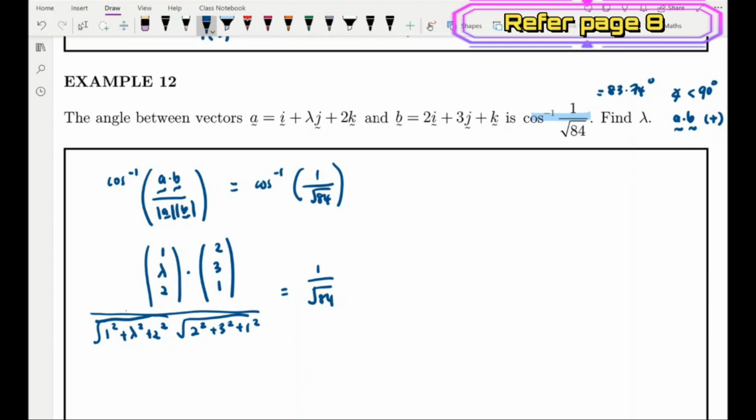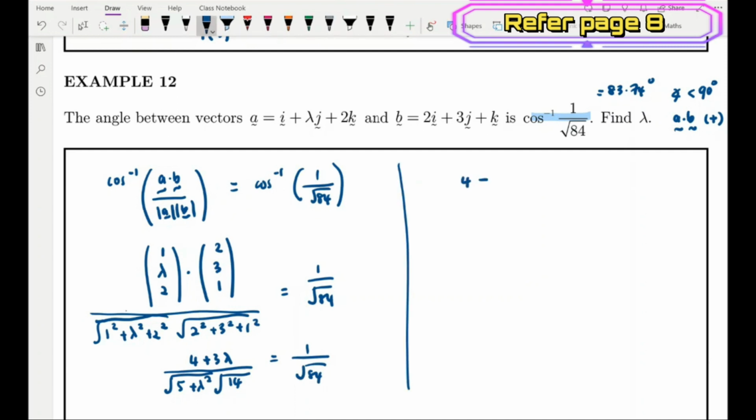Okay. So for A dot B equal to 2 plus 2, 4. So 4 plus 3 lambda over 2, 4, 5. So root 5 plus lambda squared times root 14, equal to 1 over root 84.